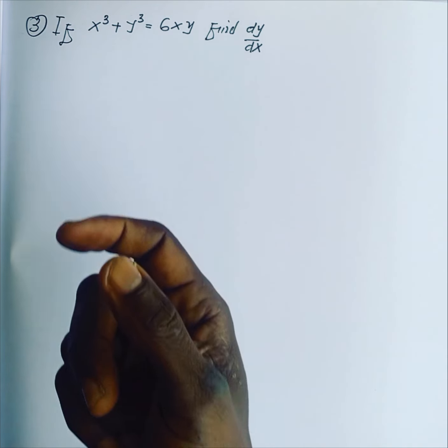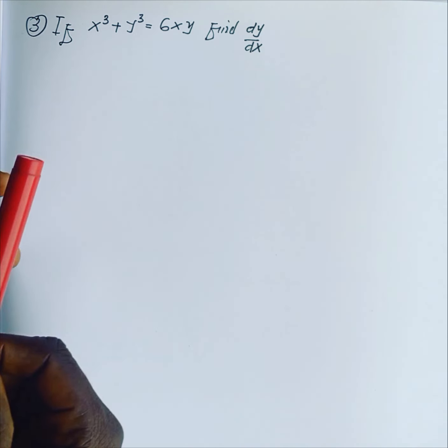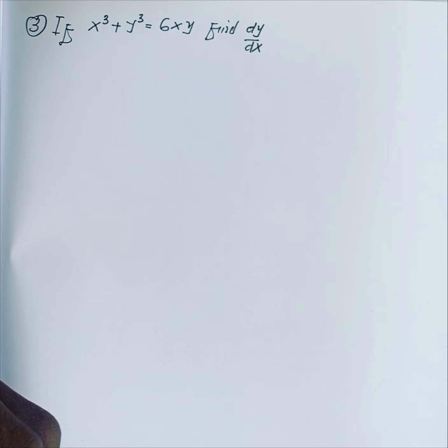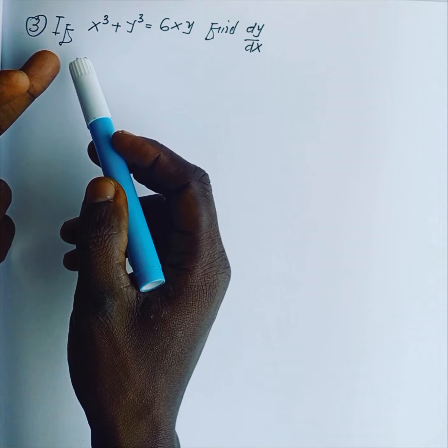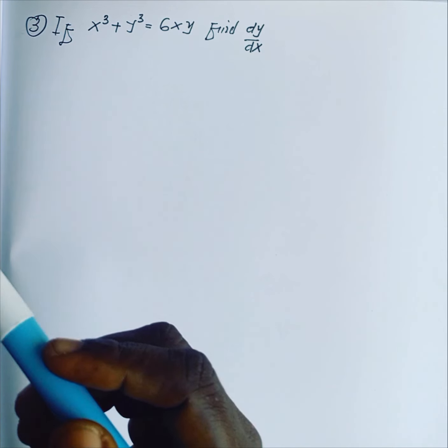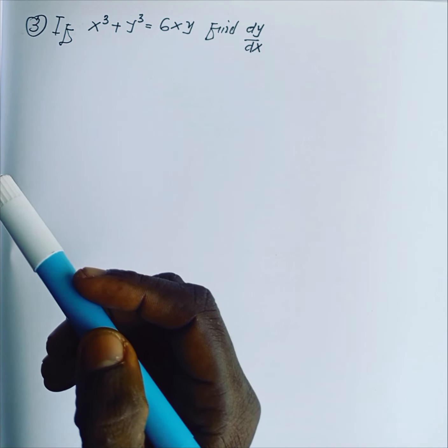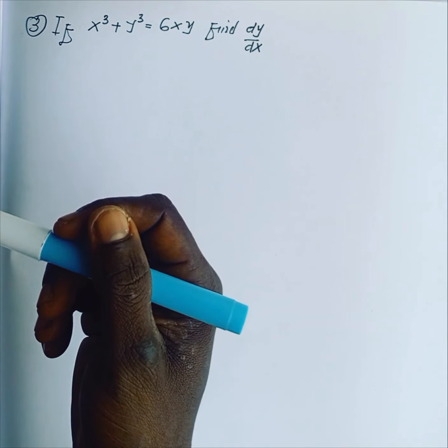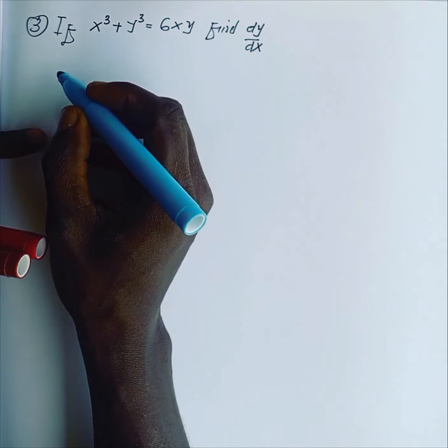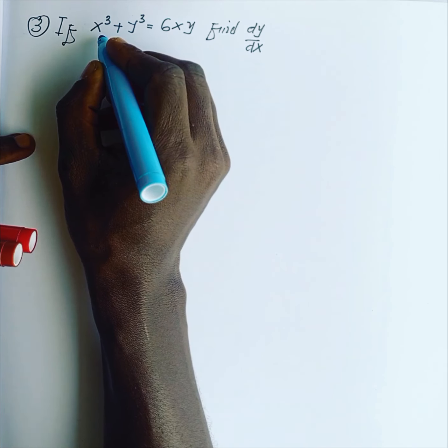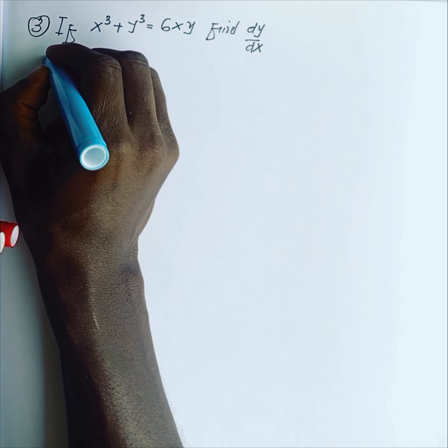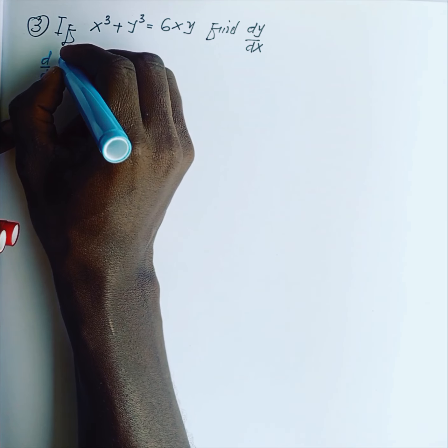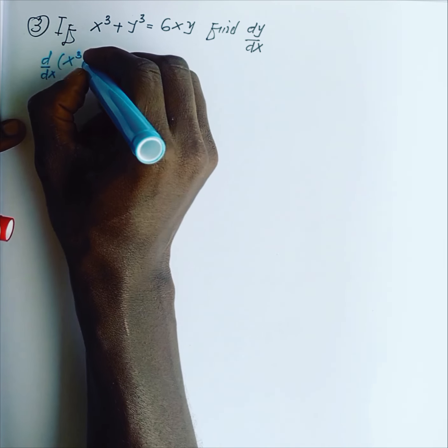So how are we going to find the derivative of this very implicit function? Applying the same method, we take the derivative on both sides of the equation. We make our dy dx the subject. So we are going to get d dx of x cubed.